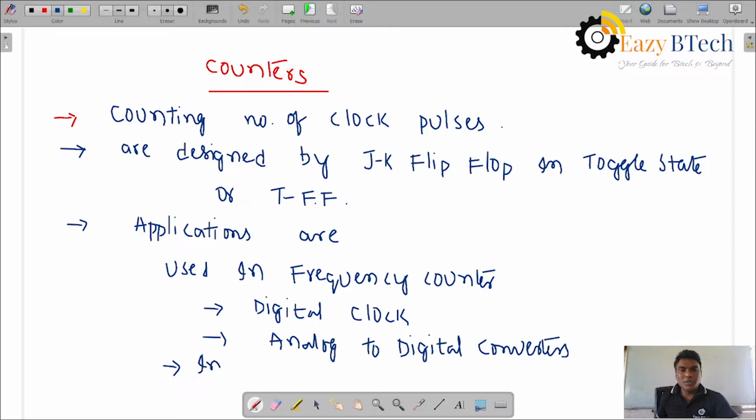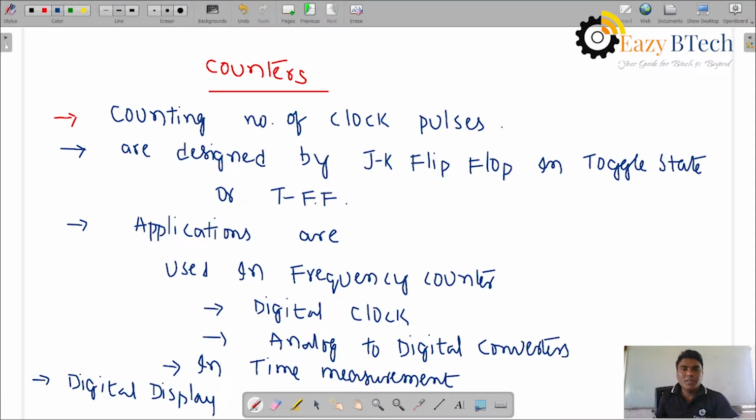Also used in time measurement, and any digital display. All digital displays are used by these counters, counting the number of clock pulses.